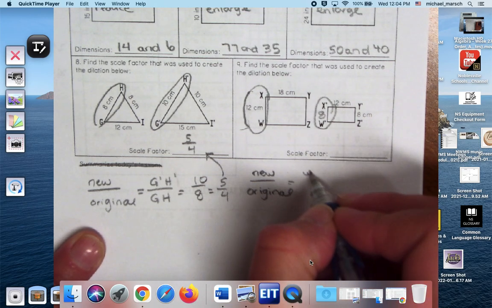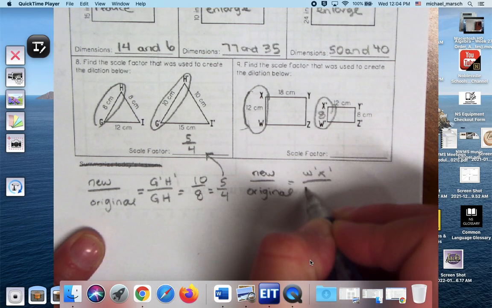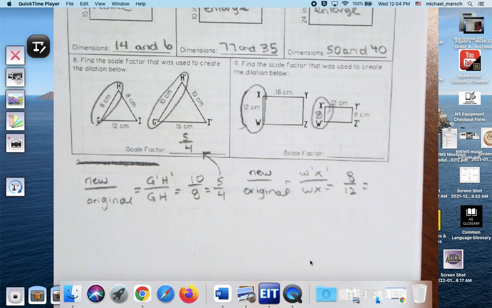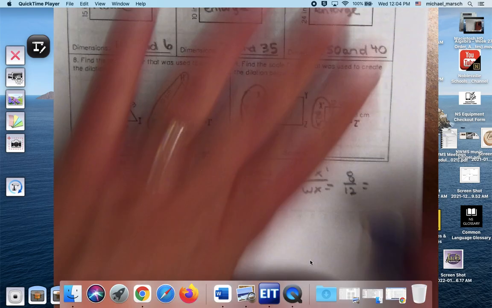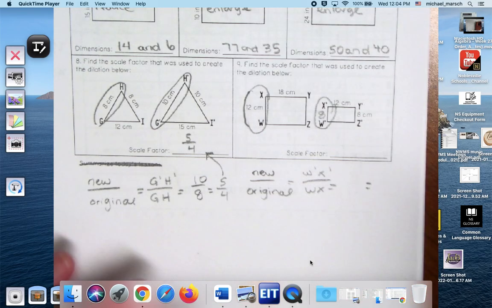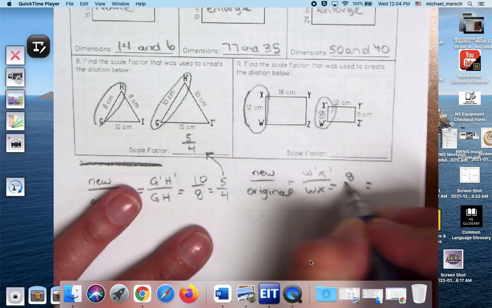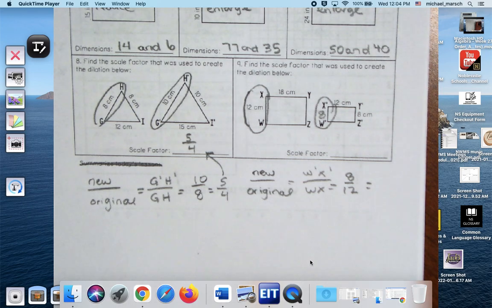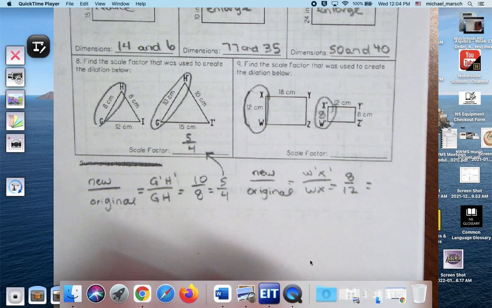So I have W prime X prime over WX. Oops, that's supposed to be 12 over 8, not 8 over 12. No, wait, yeah, it is 8 over 12. What's going to be my scale factor? Which can be simplified even further. 2 over 3. 2/3.